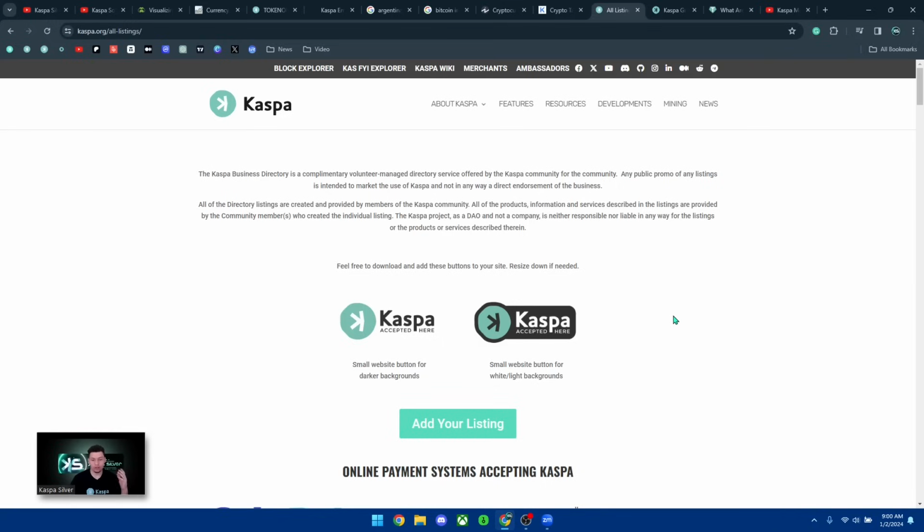But the real issue is we have to get our minds out of the US dollar. And if you live in the US, it's hard to ever view Kaspa as an actual alternative currency because it's not getting adopted like that here. But just remember, Kaspa is a global currency. It's not just for the US, it's not just for one country, it's for the world. And there's going to be other places that could definitely use Kaspa as this form of payment. So just keep that in mind.